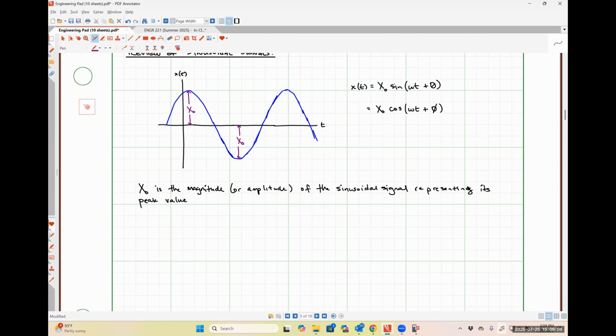All right. So now let's talk about omega. So I'm going to describe omega first, and then I'm going to talk about a couple of other things, and we'll tie it back to how we can actually find it from our graph if we were so inclined. Okay. So omega is the angular frequency of the sinusoid.